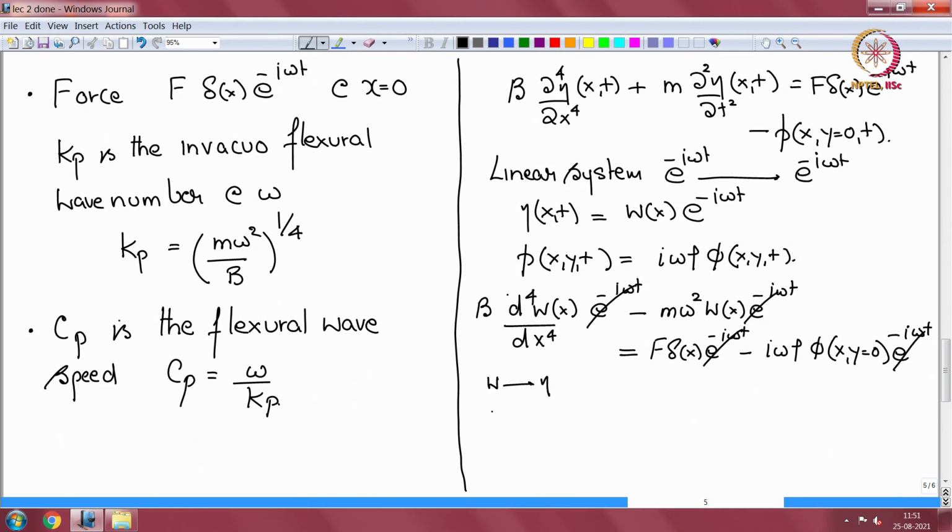So we get B d⁴eta of x by dx⁴ minus m omega squared eta of x is equal to F delta x minus I omega rho phi of x comma 0.